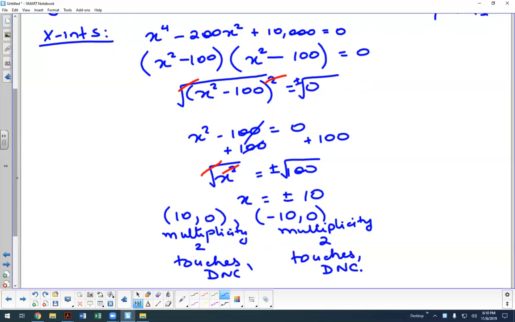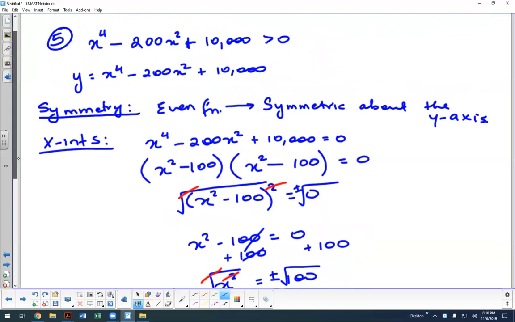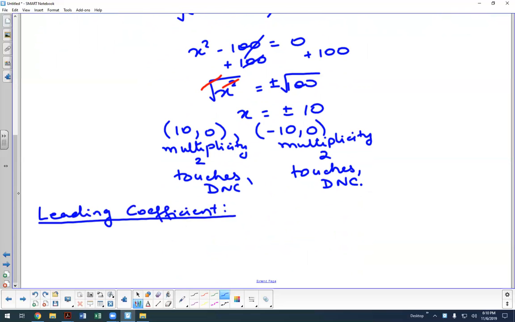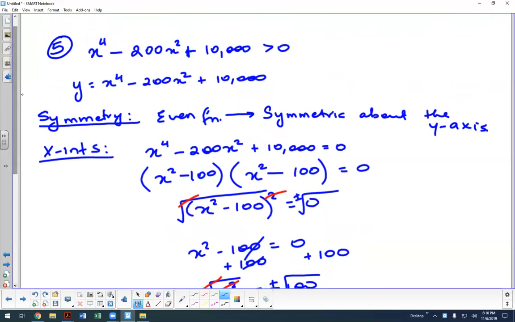Alrighty, so we've got our symmetry, x-intercepts. Now let's talk about the leading coefficient. So what do we have? Odd or even?